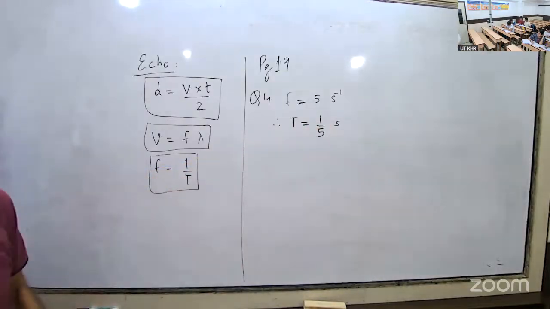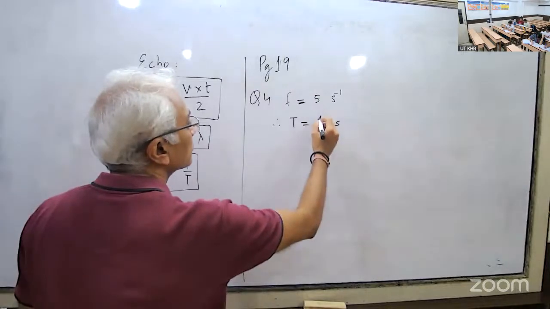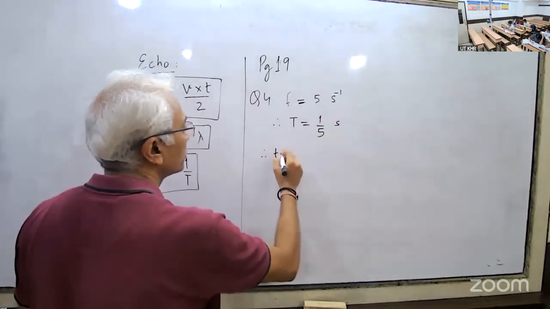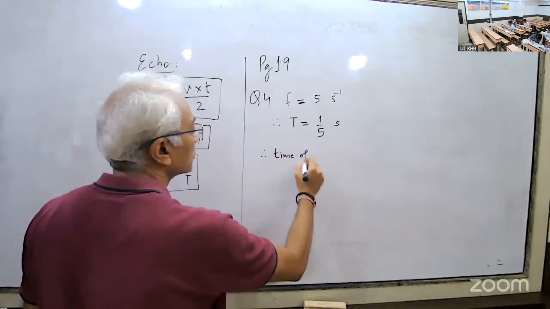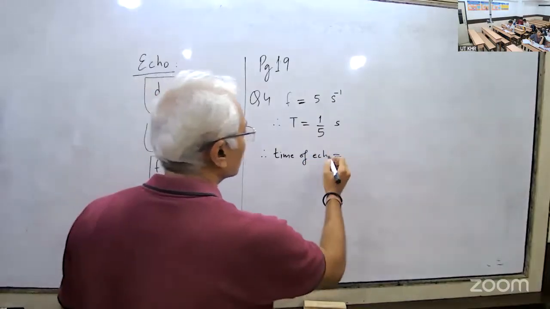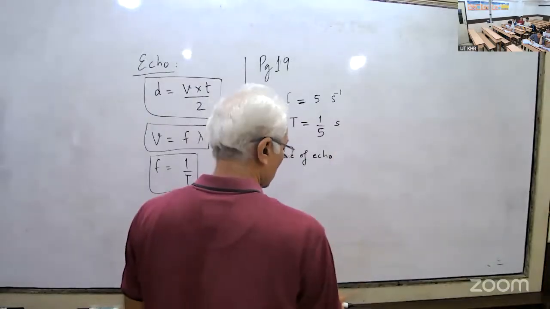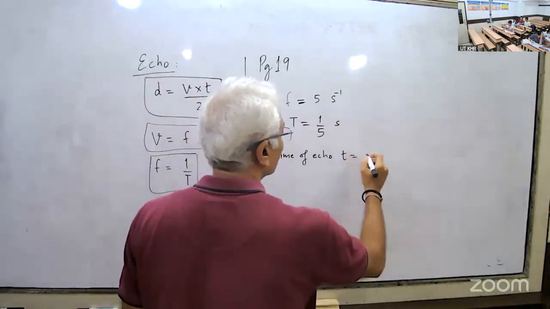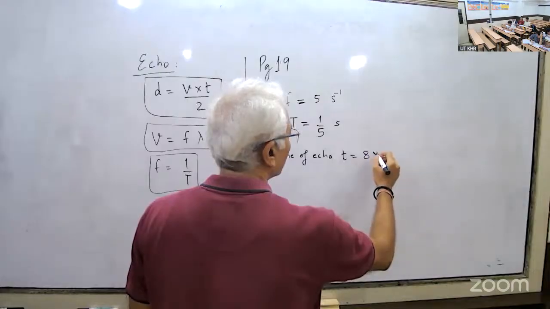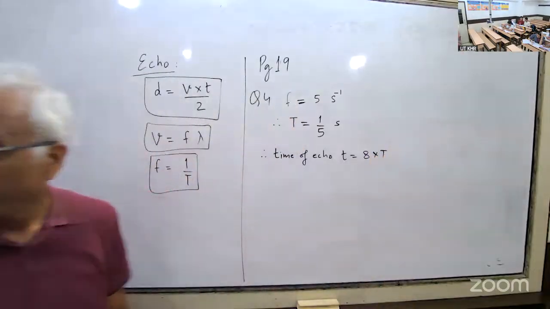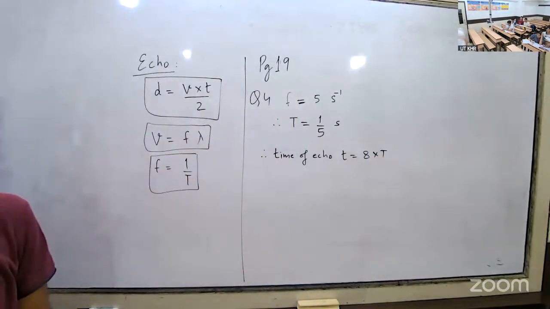So what is the time of echo? Therefore, time of echo is 8 into T. What is the time of echo? 8 vibrations.